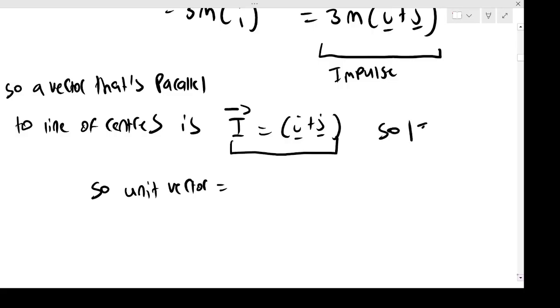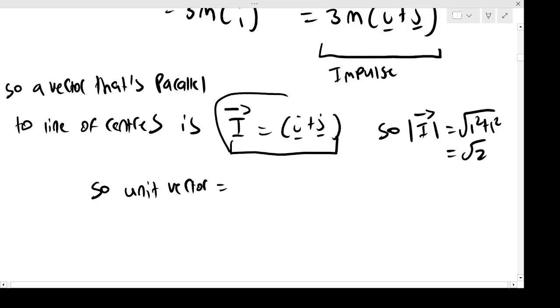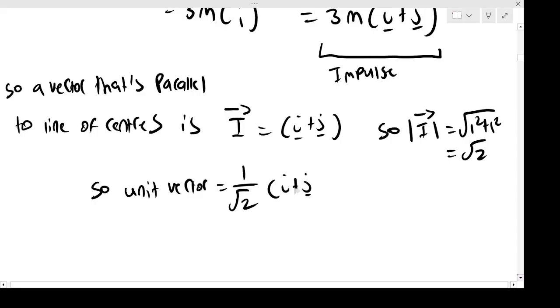Again, it's Pythagoras: root of 1 squared plus 1 squared, because we have 1i and 1j, so we need to square the components, so you get 1 squared plus 1 squared, which is root 2. So that's my magnitude for this vector. So the unit vector, we just divide by that. So 1 over root 2, lots of i plus j. And hopefully happy with that.